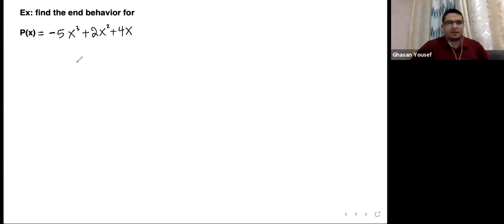This is my polynomial function, b of x equals minus 5x cubed plus 2x squared plus 4x.